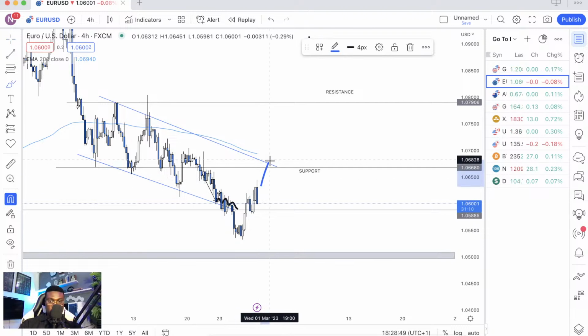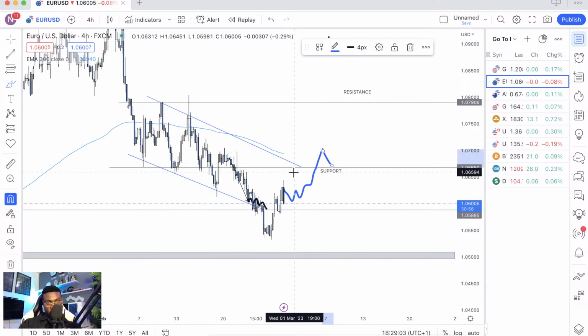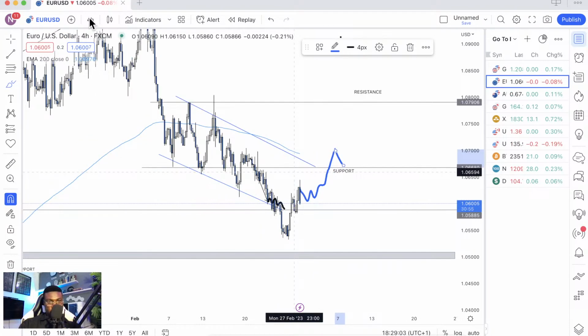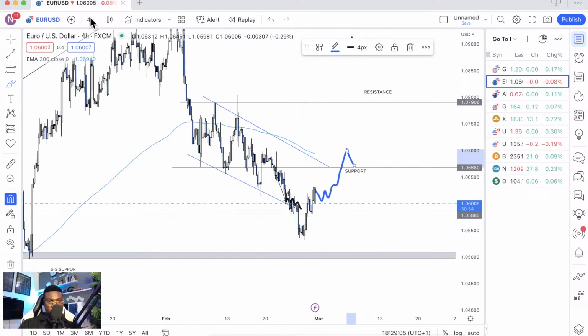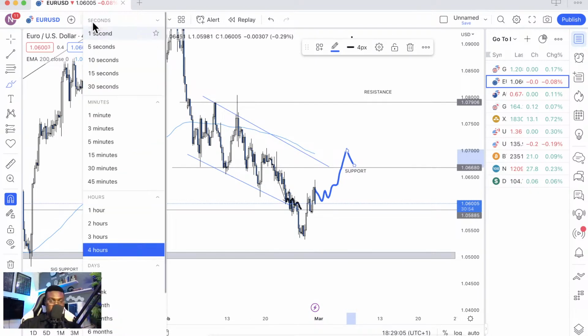I think I should just indicate it for you guys as well. If the euro dollar market can dance around here a bit and rally to the upside, and we get a breakout of this previous support level that is now resistance, then I would start to look for buying opportunities, because on the daily time frame, just going to go to the daily time frame and show you guys that we haven't really broken out of the bullish structure yet.